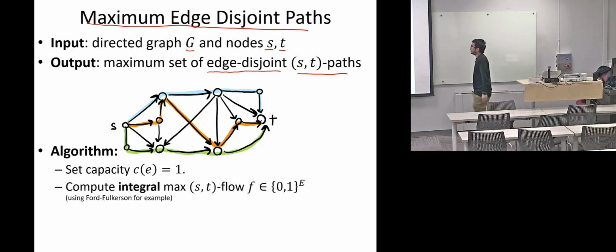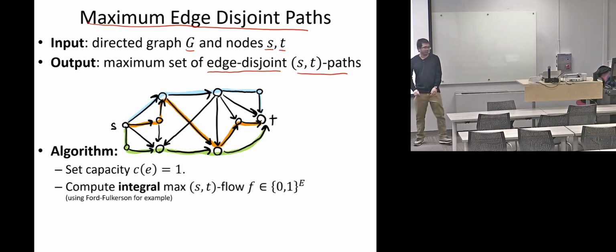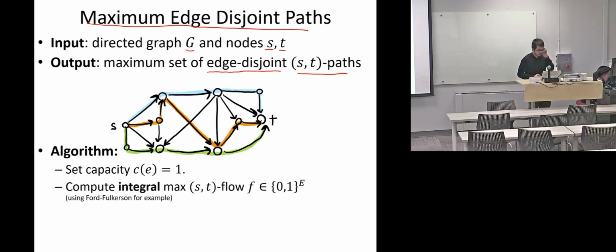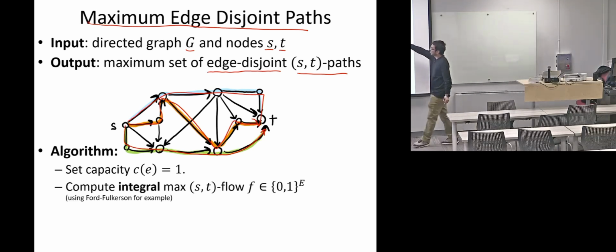Then compute max flow. Okay, compute integral max flow f in this graph. This flow is integral, so the value on any edge is going to be 0 or 1. So it's kind of, you say that either you pick this edge or not. Now the flow might look like a union of these 3 paths.